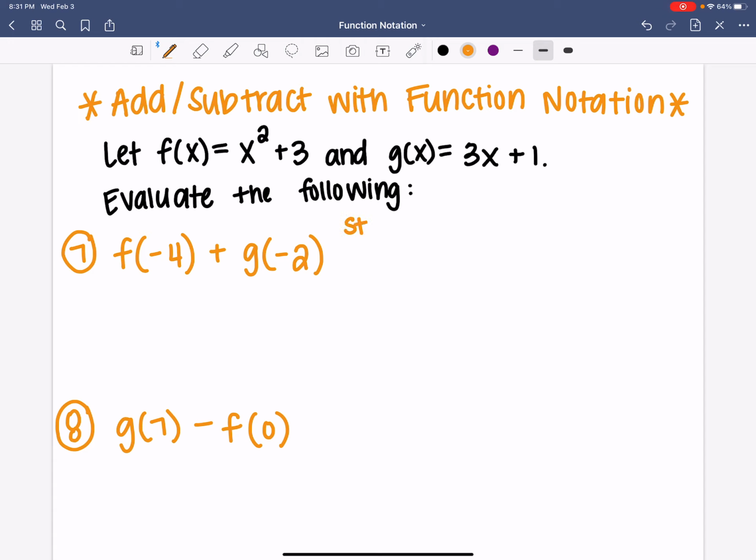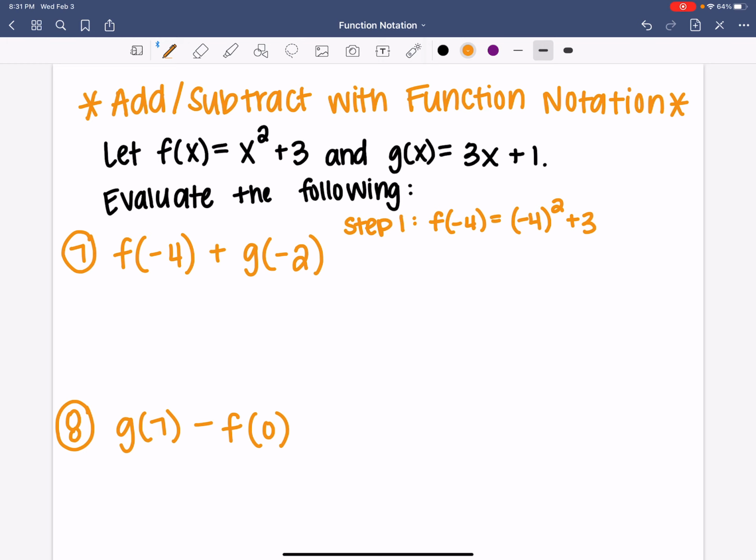f of -4. So our step 1 is to find f of -4, and we'll do that by looking at the function f of x. So for f of -4, that means that I'm going to plug in -4 for x. So that would look like -4 squared plus 3.